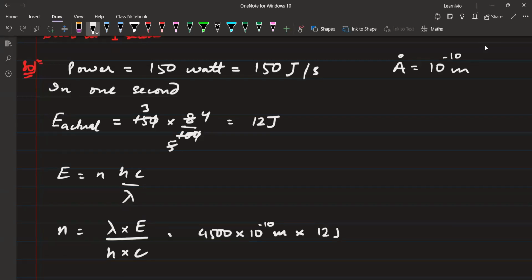Energy is 12 joules. ठीक है, and this will be divided by h, that is 6.6 into 10 to the power minus 34 joule second multiplied by c, that is 3 into 10 to the power 8 meter per second. ठीक है, चलिए सॉल्व भी.